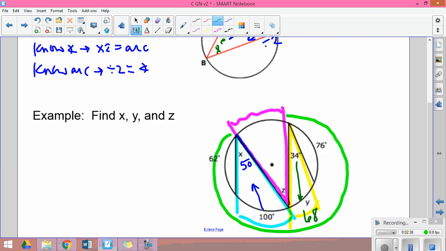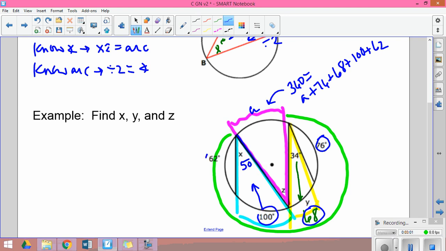And so, if I wanted to know this arc right here, I would take 360 should be equal to, I'm going to call this A, plus 76 plus 68 plus 100 plus 62. All of the arcs added up have to equal 360. So when I work that all out and subtract, that arc is 54.